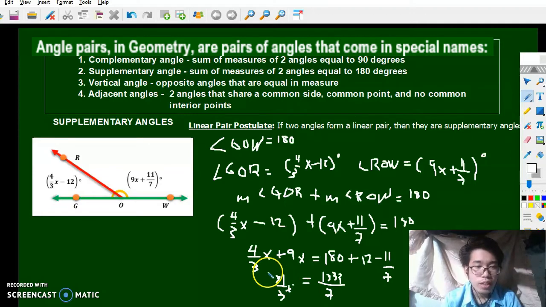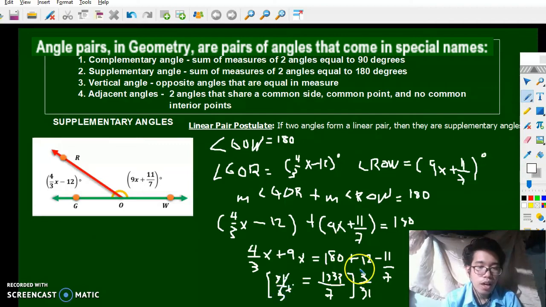To get the value of x, we have to multiply this entire equation, 31 over 3 x equals 1,333 over 7, by the reciprocal of 31 over 3. What's the reciprocal of 31 over 3? That's simply 3 over 31. So we multiply that, and this cancels out.